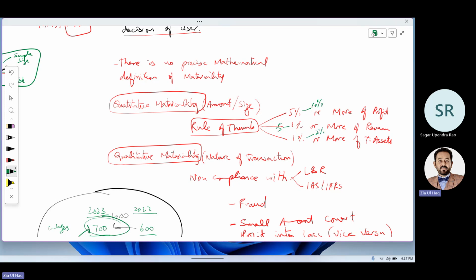Meaning the auditing standard on materiality has defined the threshold in brackets rather than a single figure. But during the exam, while attempting a question, we will consider materiality based on these percentages: 5% or more of profit, 1% or more of revenue, 1% or more of total assets. Is it fine?